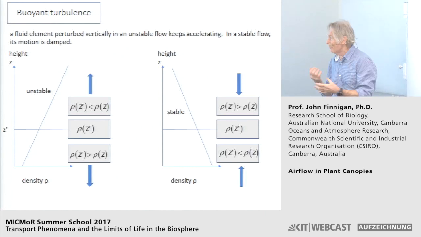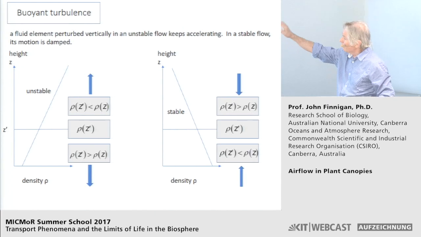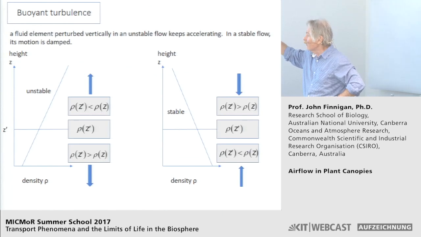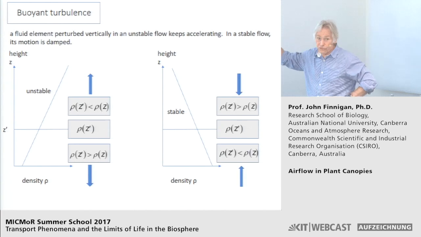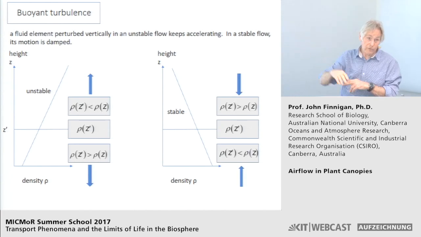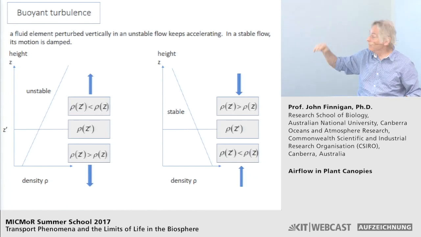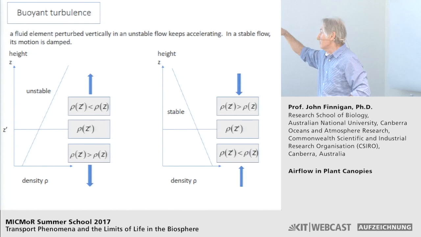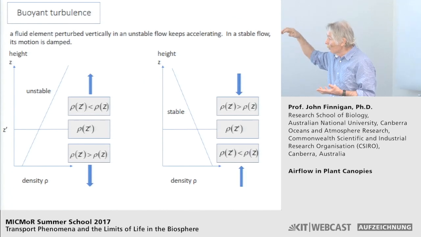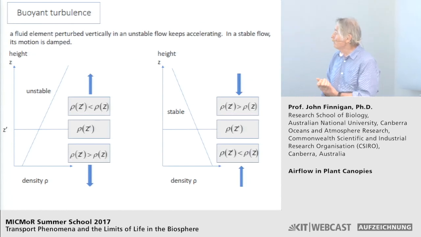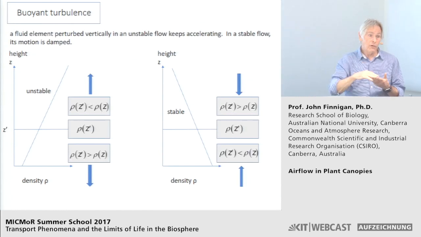If you displace a lump of air in that gradient, move it up a little bit, then the air that moves up will be slightly less dense than its surroundings because it's moving up into a more dense region. And so the buoyancy force will keep it accelerating. If you move it down, the lump of air will be more dense than its surroundings, so it will keep accelerating. So in an unstable mean density gradient, any small perturbation will expand.